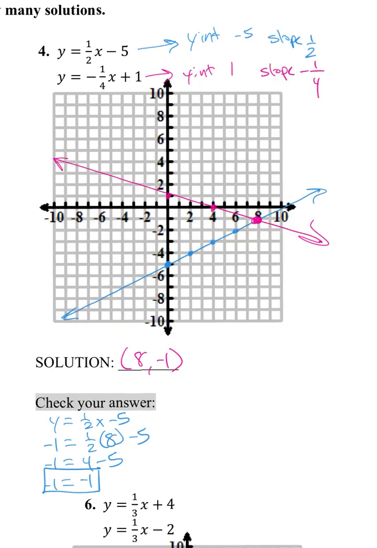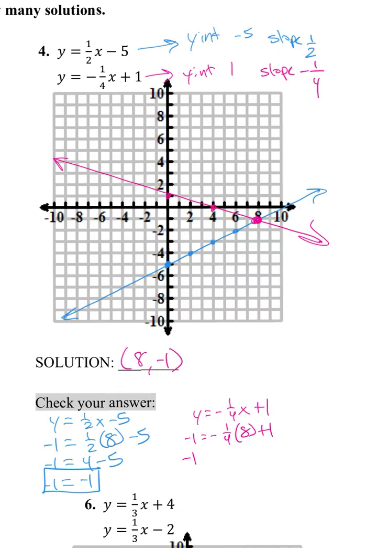Okay. For the second equation, let's plug those values in. We've got y equals -1/4 x plus 1. Plug in our values: -1 equals -1/4 times x, which is 8, plus 1.